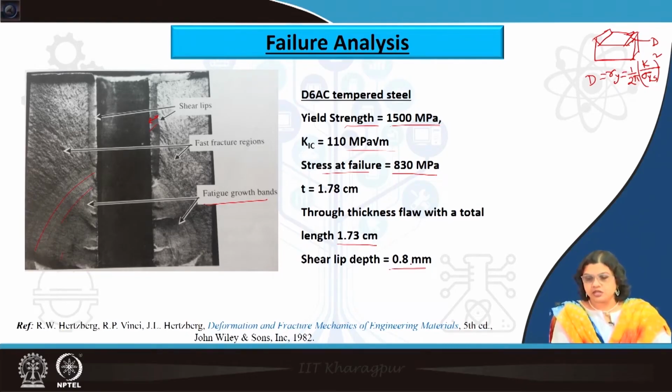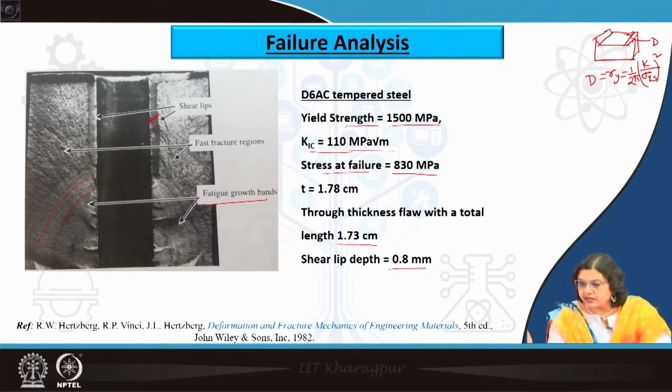So, based on this we can figure out whether the fracture toughness value at the point of fracture matches with the provided or the expected fracture toughness value or not. If not, then there could be some other reason for failure that has led to a local enhancement in the fracture toughness values, or if it matches, then there could be some other reason, not the typical material property, that is of concern.